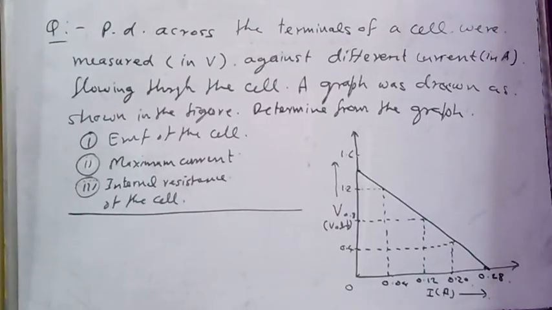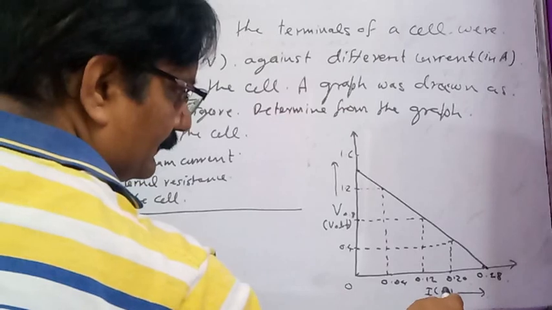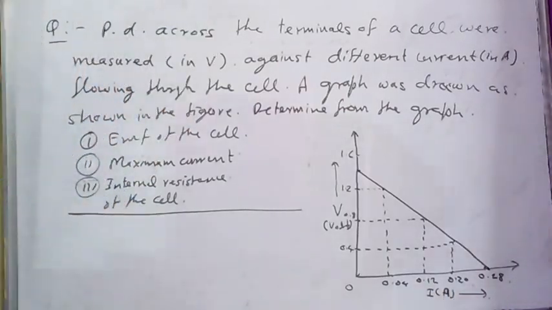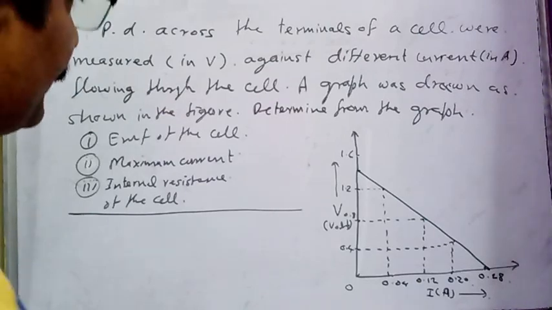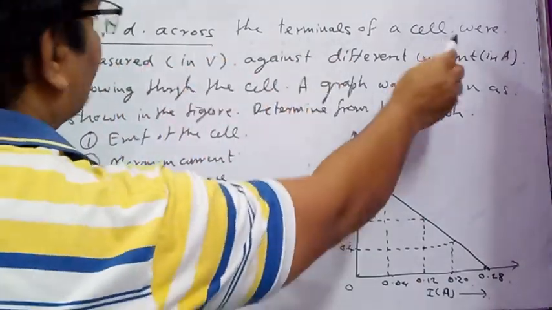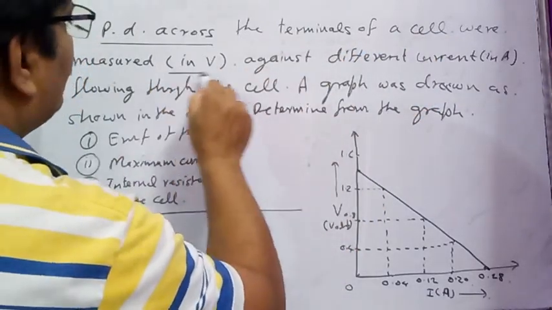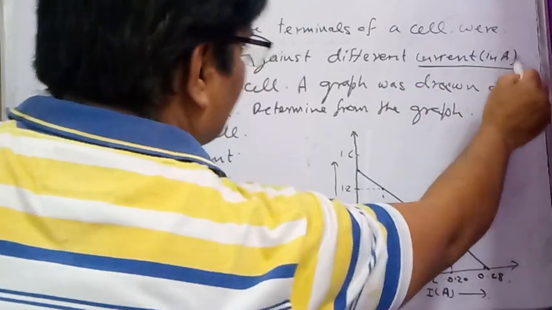Students, see, this is a numerical based on the characteristic of the cell. This is the V-I characteristic of the cell, cell terminal potential versus current flowing through the cell. This type of question is many times asked in board examinations. So see carefully. The question is: potential difference across the terminals of a cell was measured in volt against different currents measured in ampere.